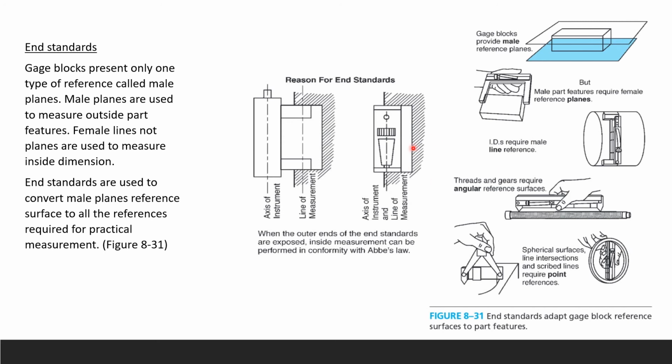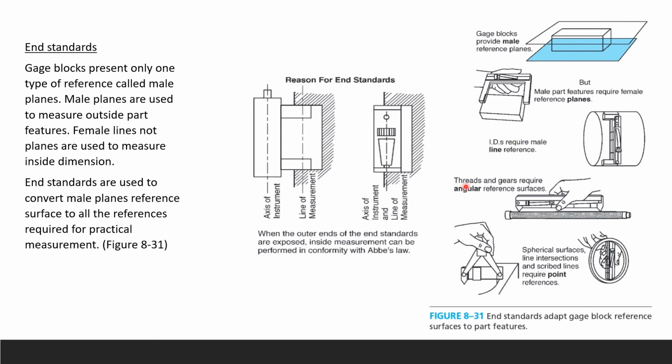So anyway, it's just a matter of the terminology, but for our textbook, it's going to go with the male plane and female lines. But here in this example, they're going with the male reference plane, and they sometimes call the female part feature a female reference plane. And then "require" here is just trying to show you the idea that it requires the female line reference.